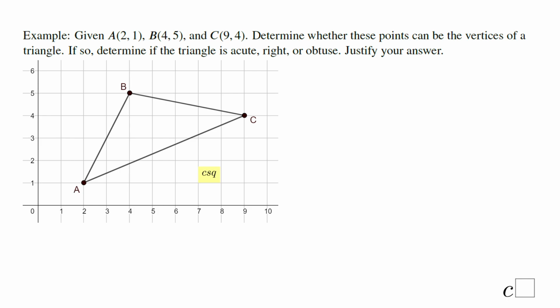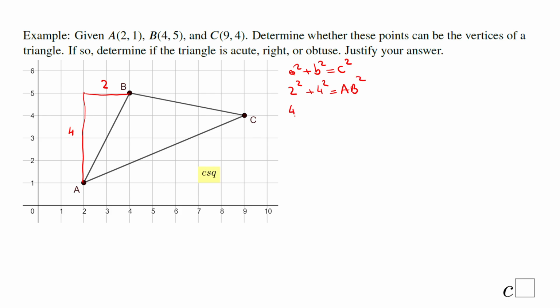But let's find how long AB is. And since we have the picture, I think it's better, instead of using the distance formula, to use the Pythagorean Theorem. So I'm going to go with AB, and if you notice, this is 2 here, this is 4. I can use A squared plus B squared equals C squared. The first time, I'm going to use it 3 times. And A and B are 2 and 4. We can switch them, it really doesn't matter. And that will be AB squared.